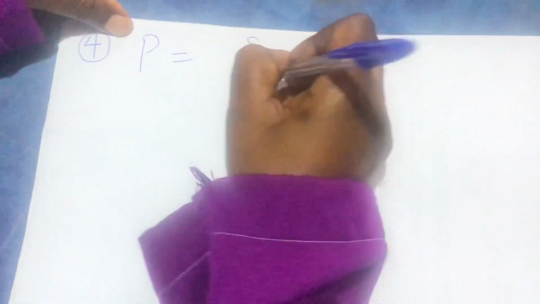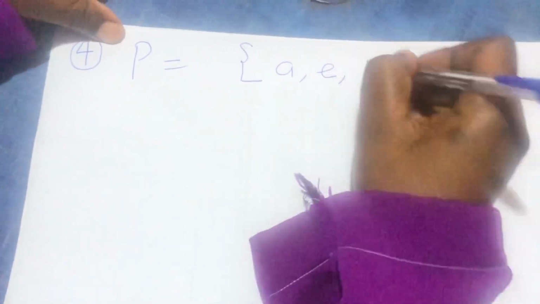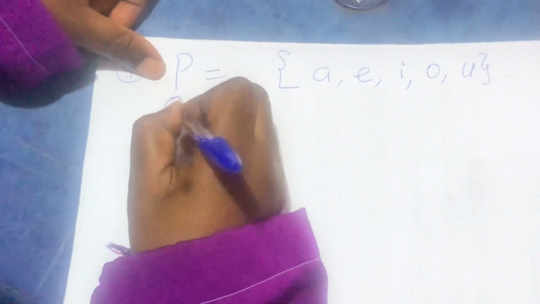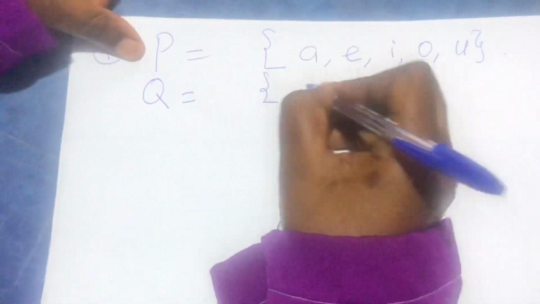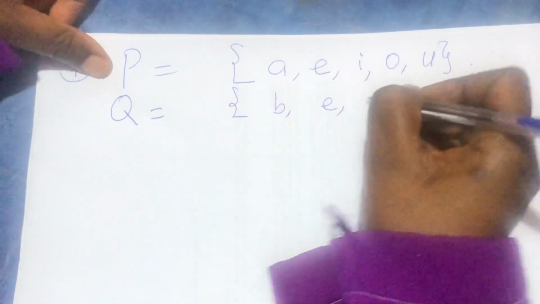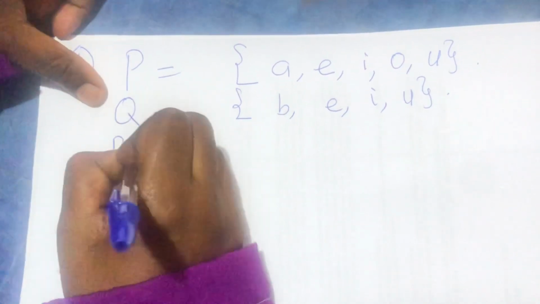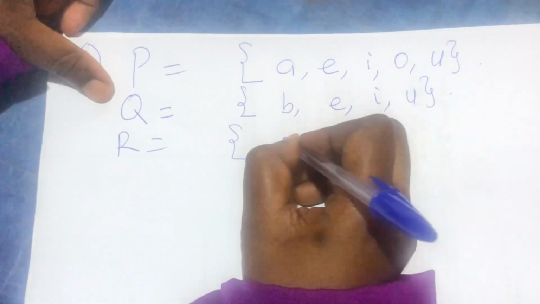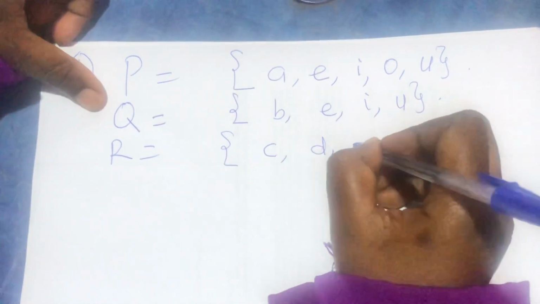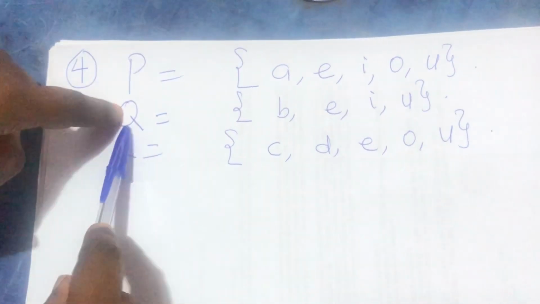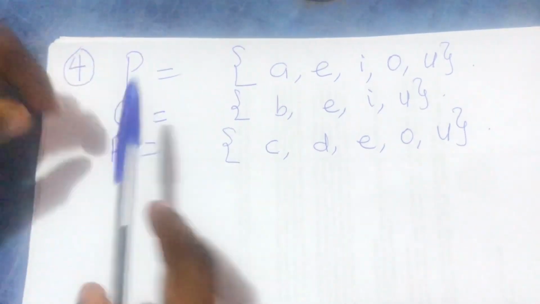Let's say we have P equal to {A, E, I, O, U}, and Q is {B, E, I, U}, and let's say we have R equal to {C, D, E, O, U}. So those elements that are present in P or Q or R or in all of the 3 sets.